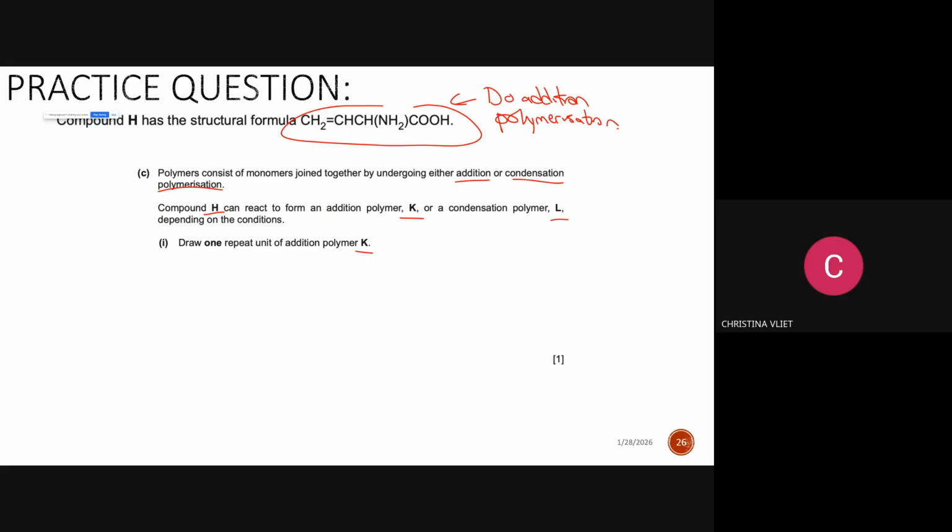We look for the double bond, right? Double bond is addition polymerization. So we've got that C double bond, hydrogen on the top and the bottom. And then what about this other carbon? Yep. Hydrogen on the top, maybe? Yeah.